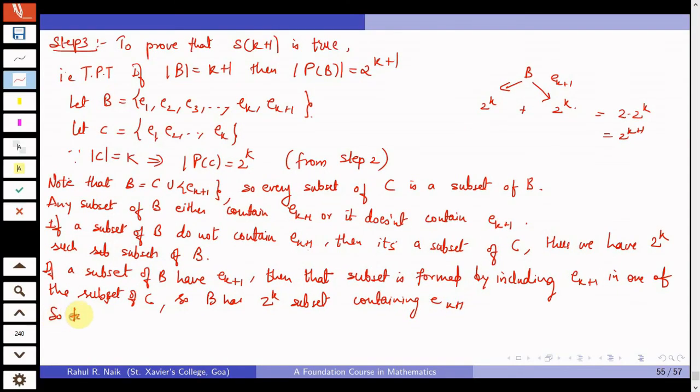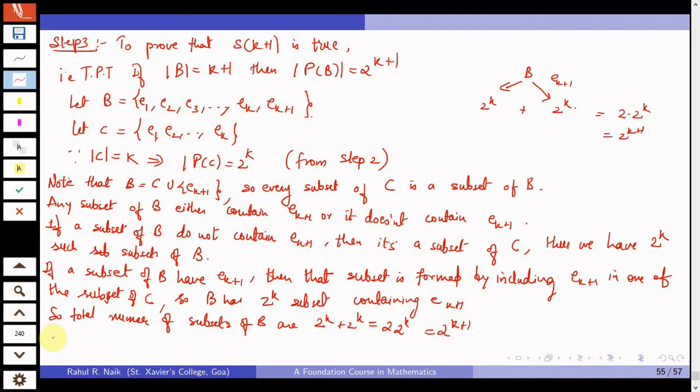So the total number of subsets of B is now 2 raised to k plus 2 raised to k, that is the sum of the total numbers of subsets that we have obtained, that is 2 into 2 raised to k, which is the same as 2 raised to k+1.